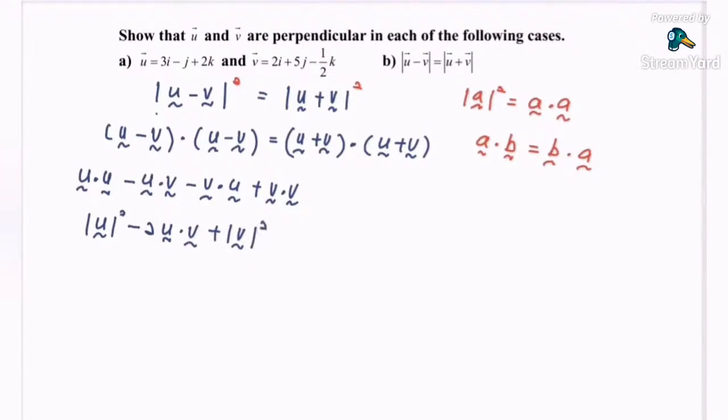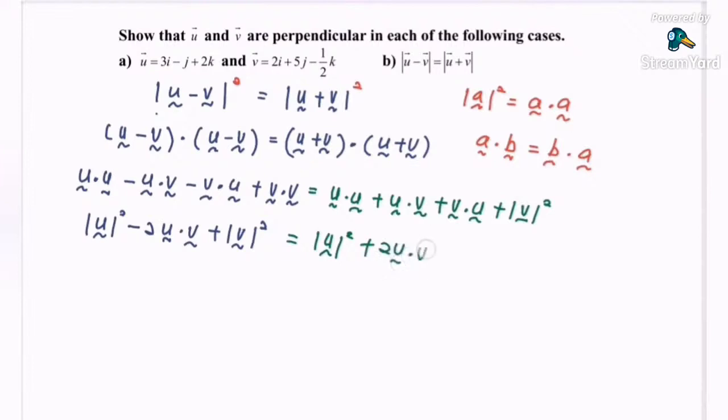Next, move on to the right hand side. Repeat the situation. U dot U plus U dot V plus V dot U. Finally, plus magnitude of vector V squared. So kindly simplify the situation where we will have modulus of vector U squared plus 2U dot V plus magnitude of vector V squared.